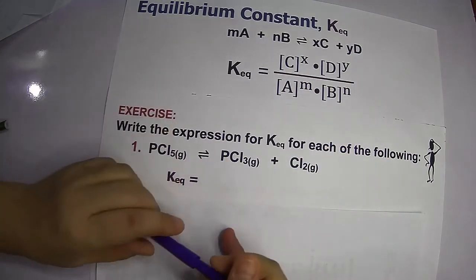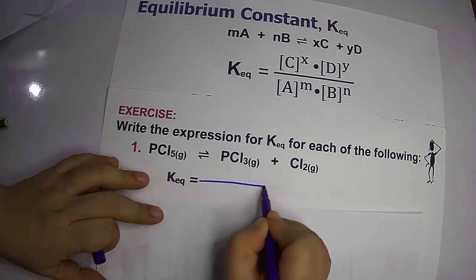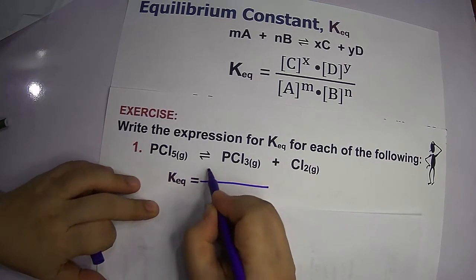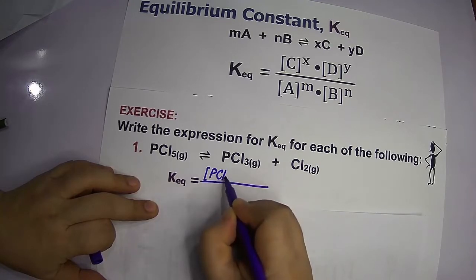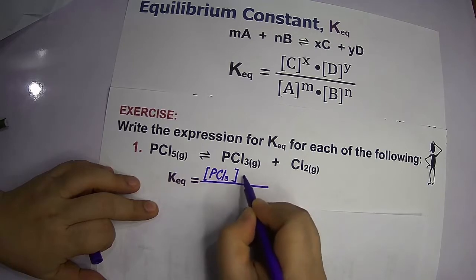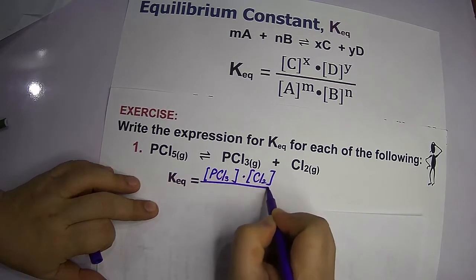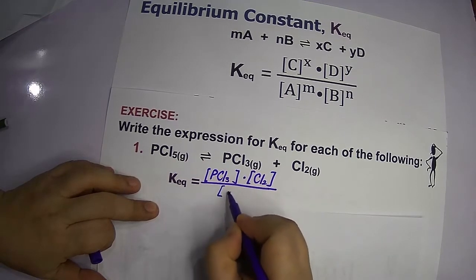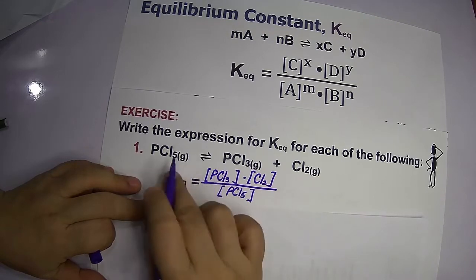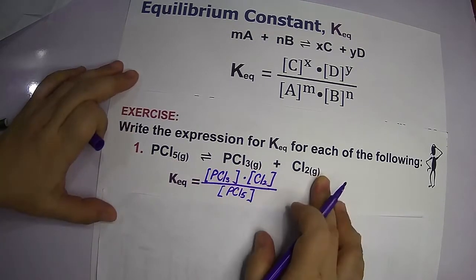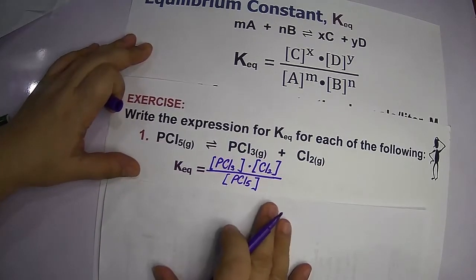Make sure that the main bar is between the equal sign. So the concentration of phosphorus trichloride at equilibrium multiplied by the concentration of chlorine gas at equilibrium over the concentration of phosphorus pentachloride. Since this is a homogeneous equilibrium, all the species are involved in the expression for chemical equilibrium.